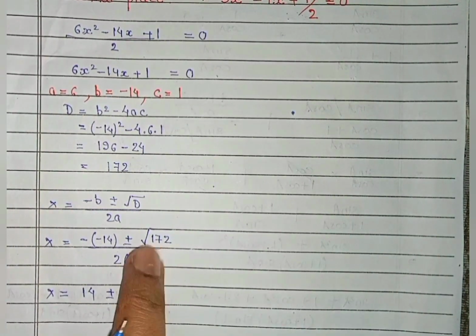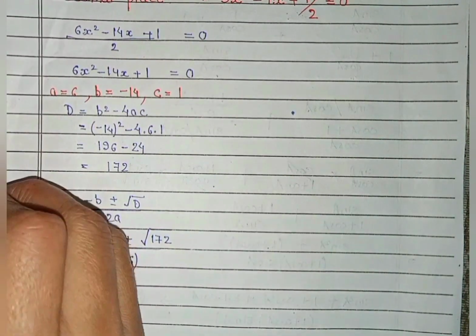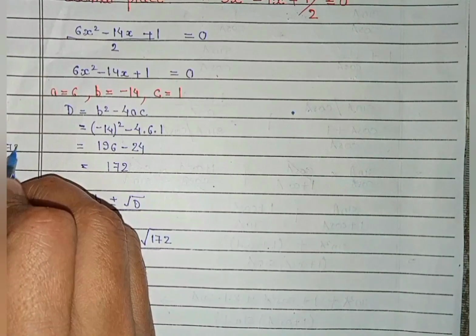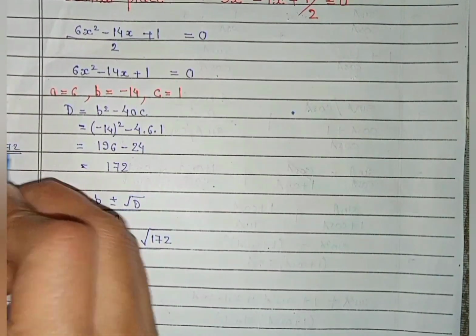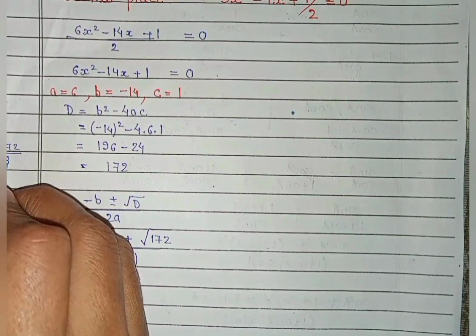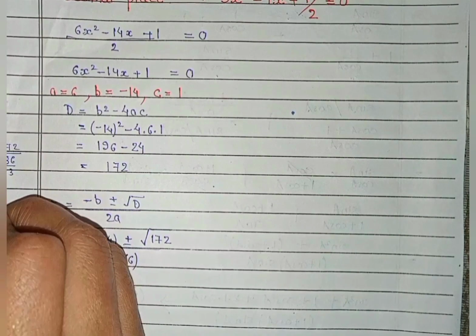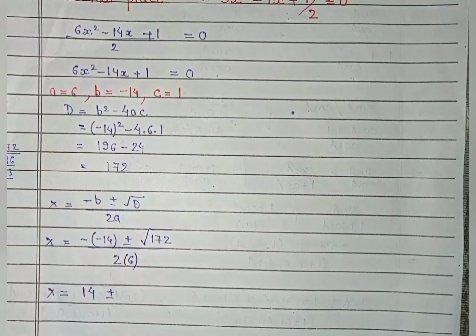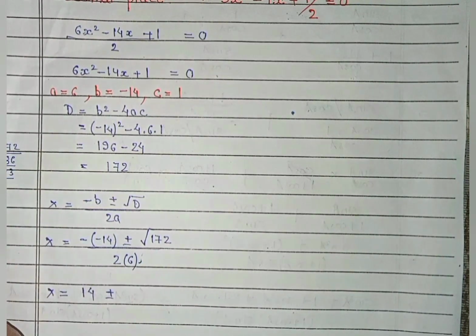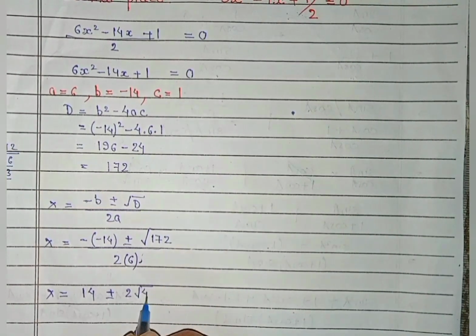Now if you take the prime factorization of 172, you will be getting like this: 172, you will start with the 2, so you are getting 2 into 2 into 43. So if you take square root by using the prime factorization method, you will be getting 2 root 43.